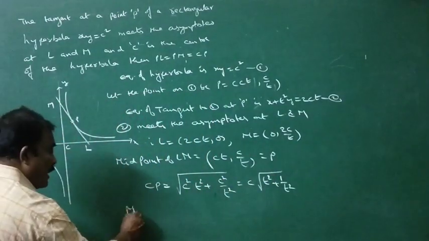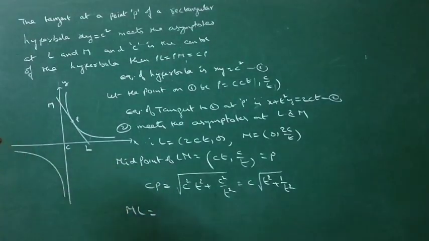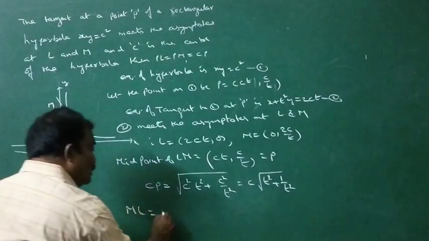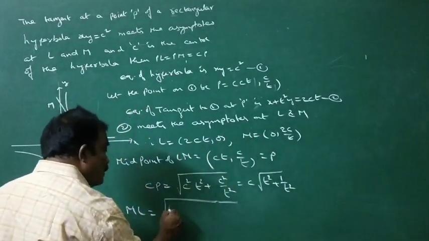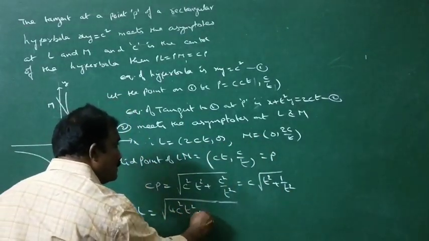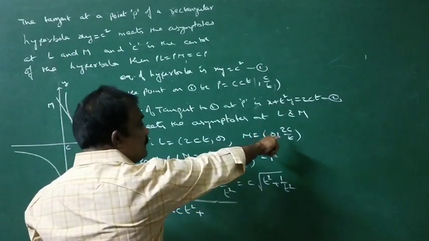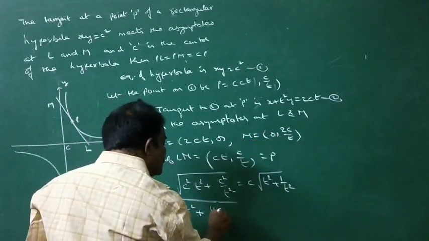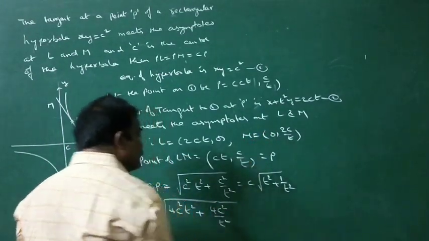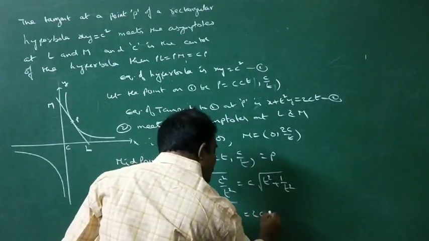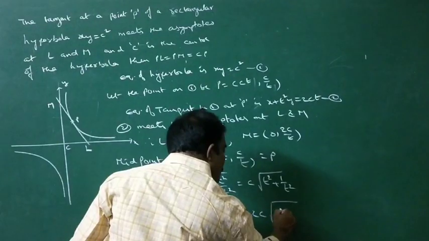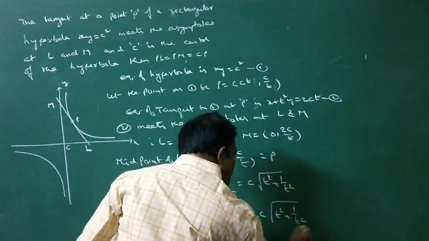Now we have to find the length ML. What is ML? Root over 2ct minus 0 whole square, 4c square t square, plus 0 minus 2c by t whole square, 4c square by t square. By taking 4c square as common, we are getting 2c into root over t square plus 1 by t square.